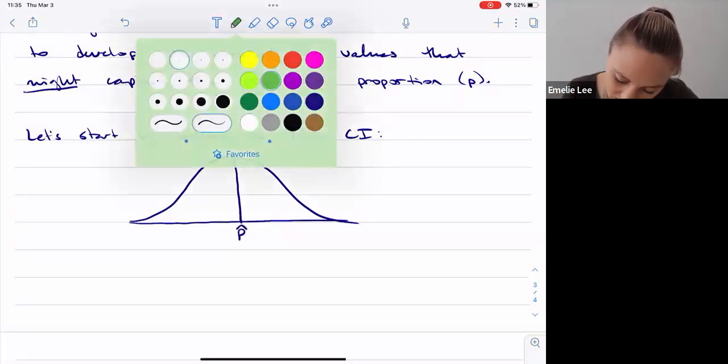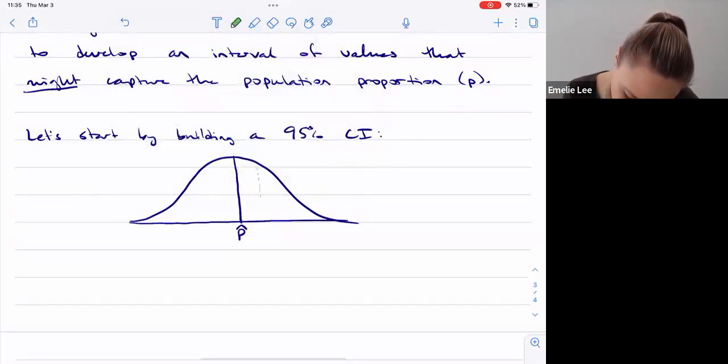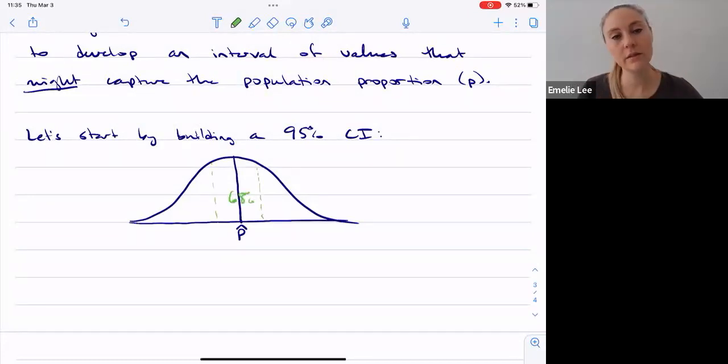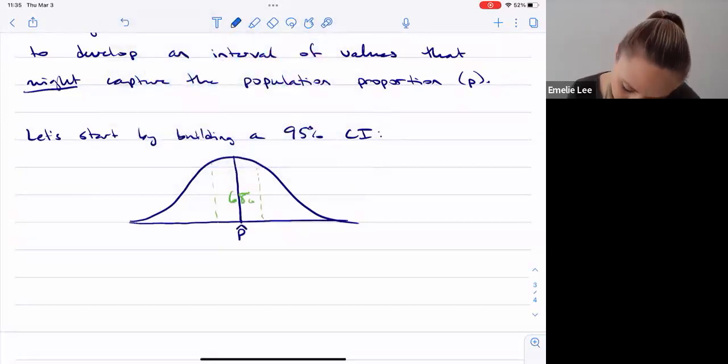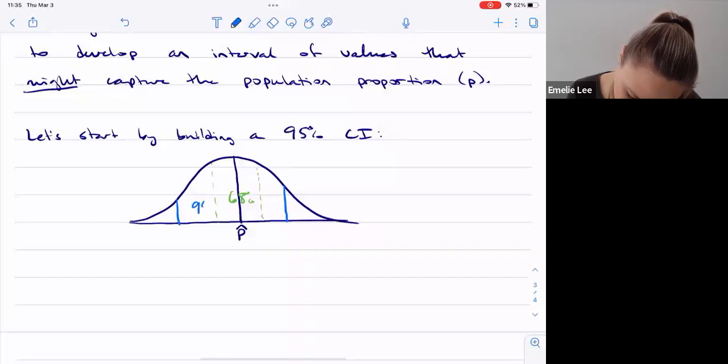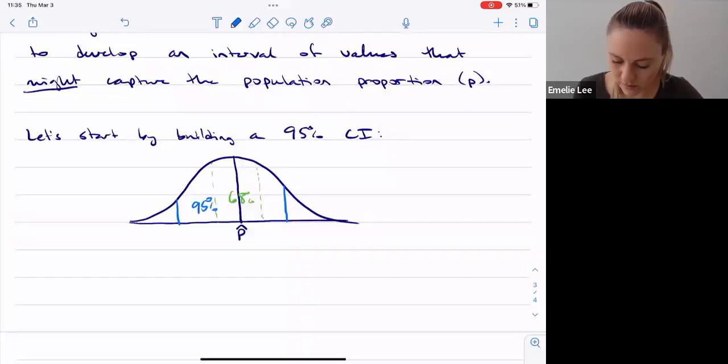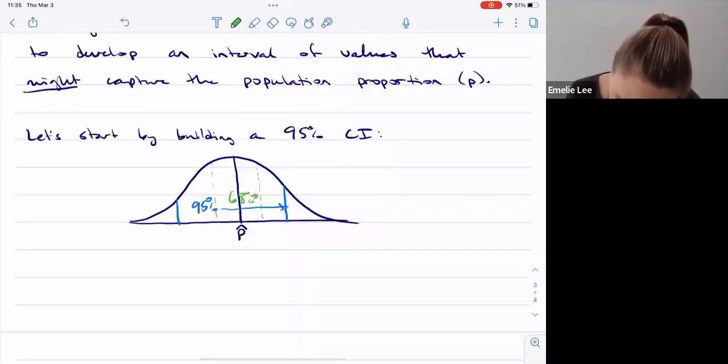So I can say, here is 68% around p hat, and then I can move to 95%, to there.